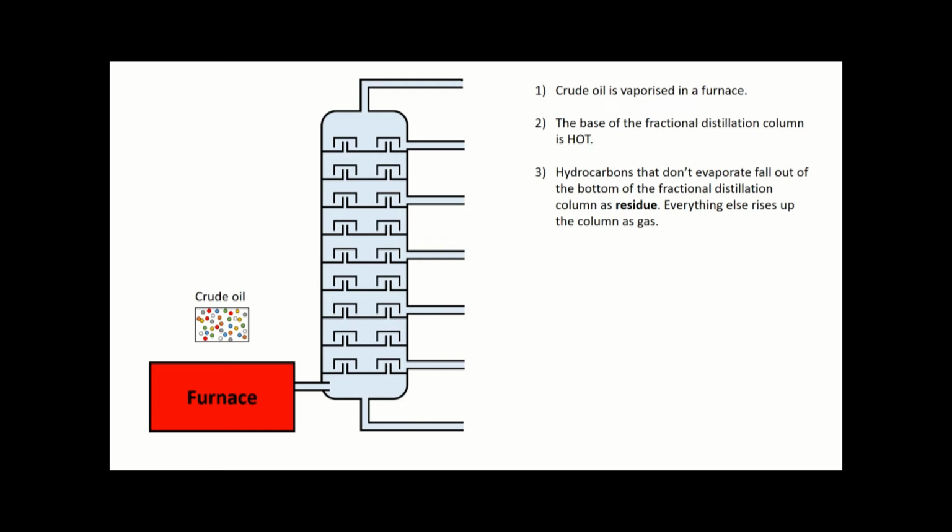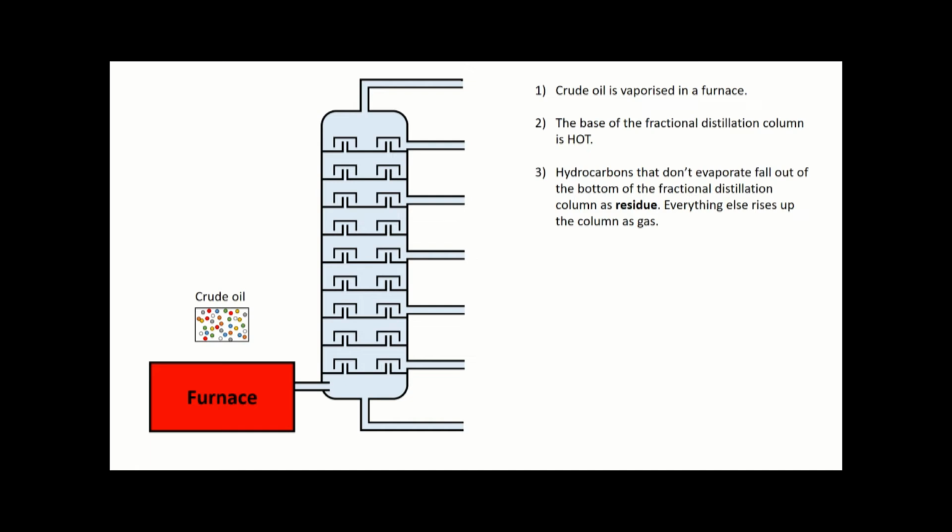So the first type of chemical that we can collect is something called residue. I said it was vaporized, and that means it's a mixture of gas and liquid droplets. Basically the liquid droplets are not evaporated substances, and because they haven't evaporated, they are still liquid.